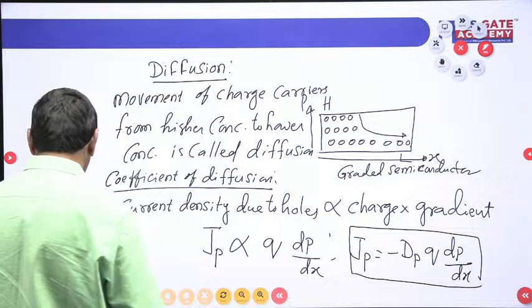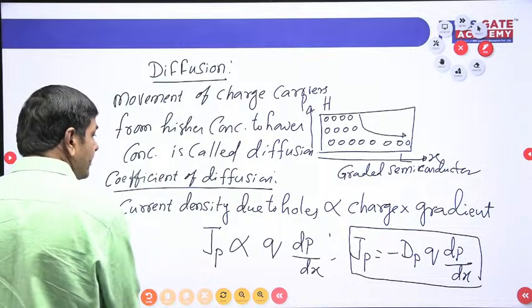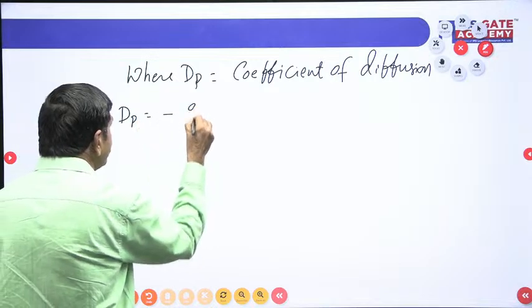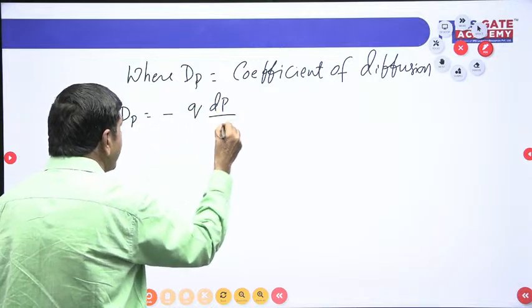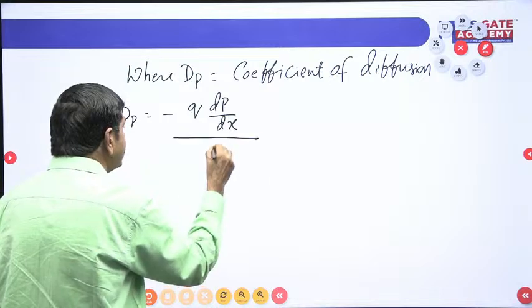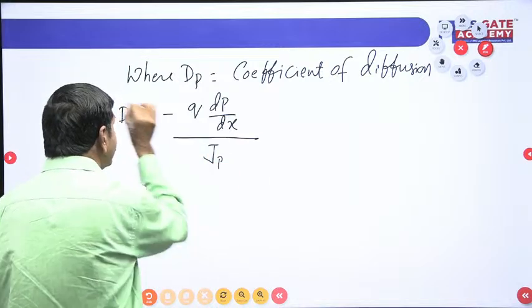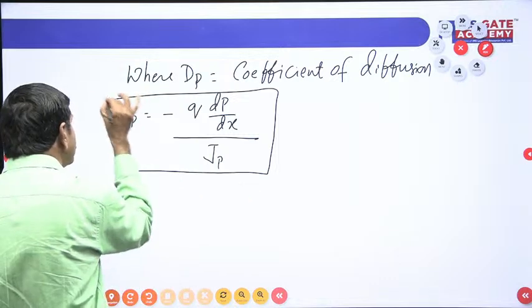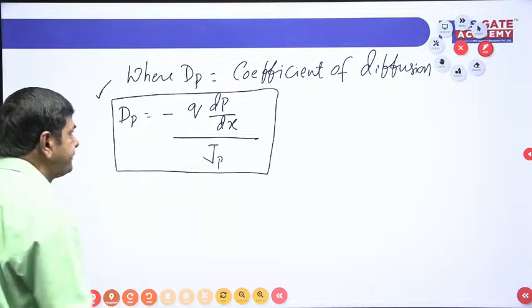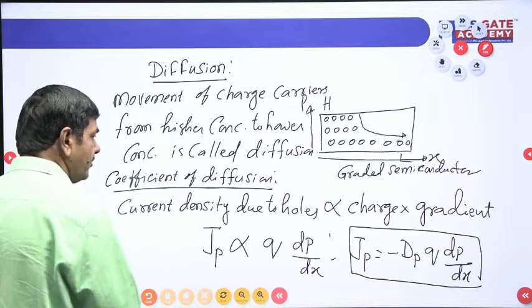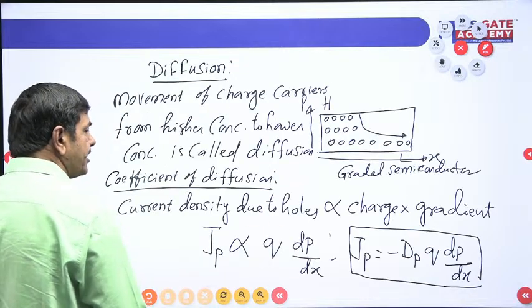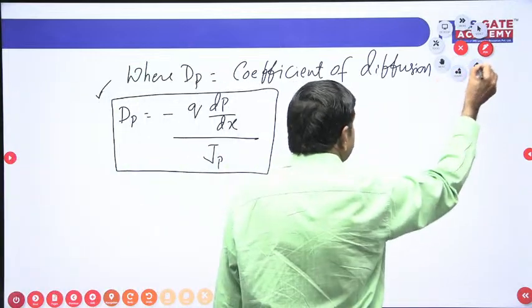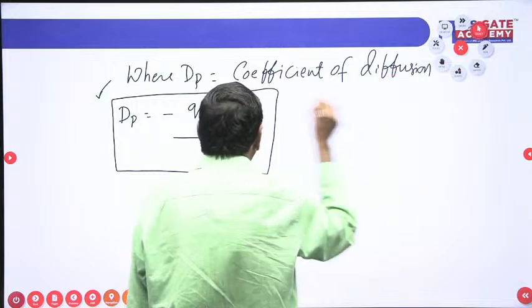And finally, what formula can you use when the Dp value is required? So we can write Dp equal to minus of Jp divided by what? Q into dP by dx. This is the formula you must remember in the problems. Follow this now. Sorry, I made a mistake, I have taken it in reverse.